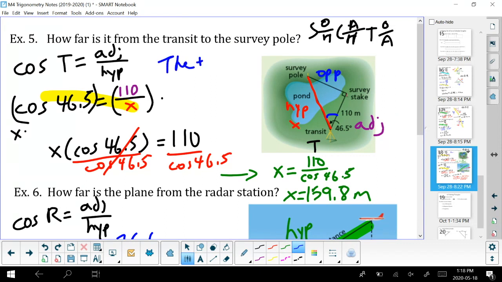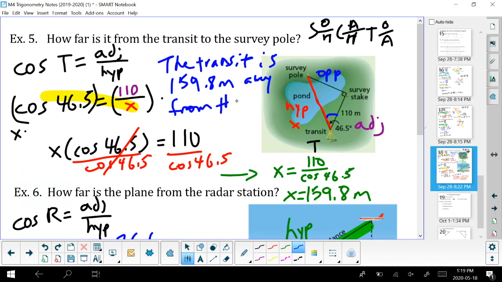The transit pole, or the transit, is 159.8 meters away from the survey pole.